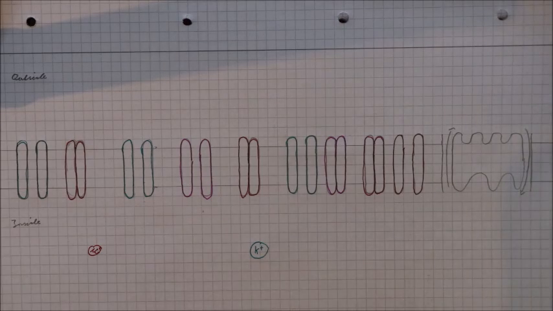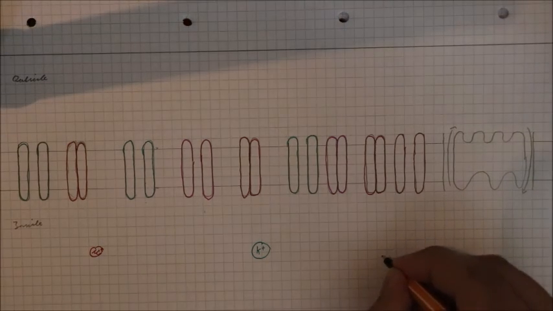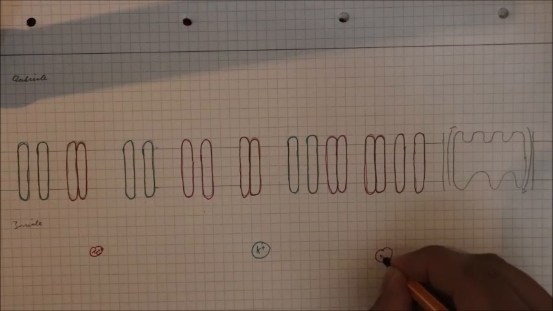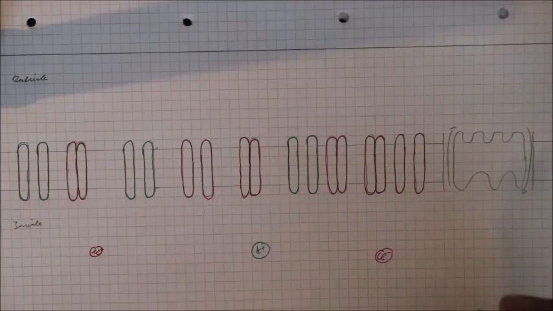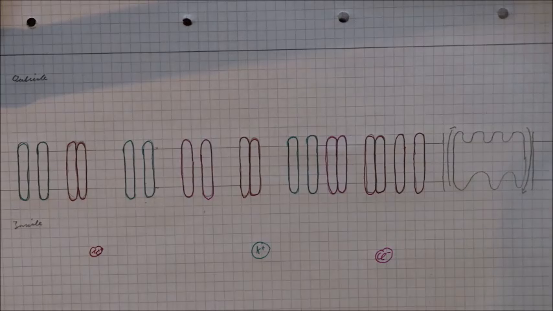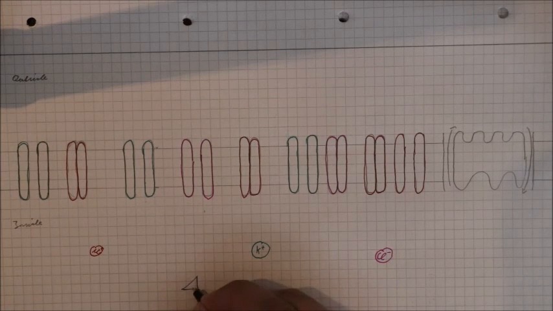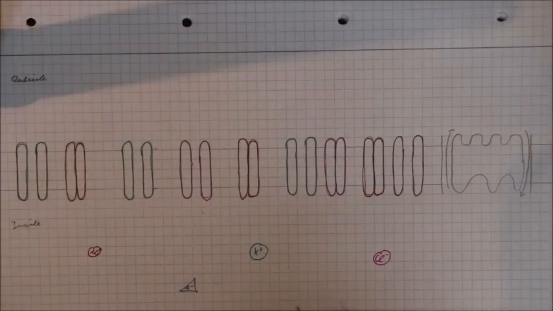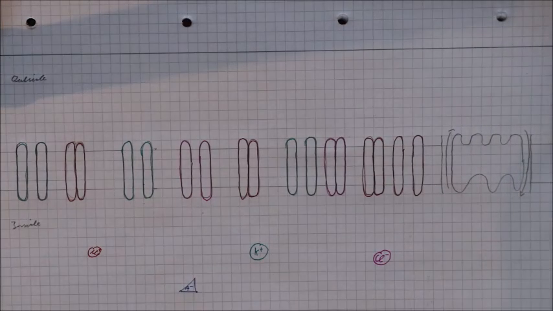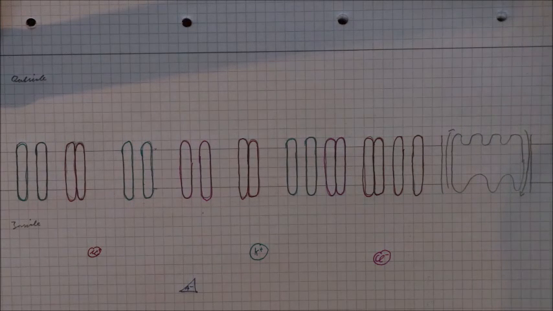Next we have chloride ions or Cl minus ions. And last but not least, we have the A minus ions, which I have made in a triangle right now. And yeah, the distribution, like I already said, plays an important role.